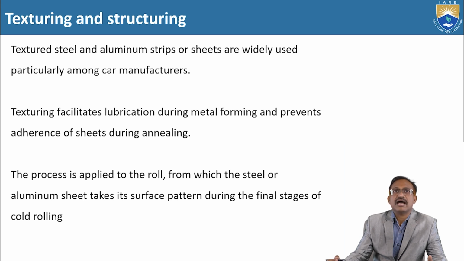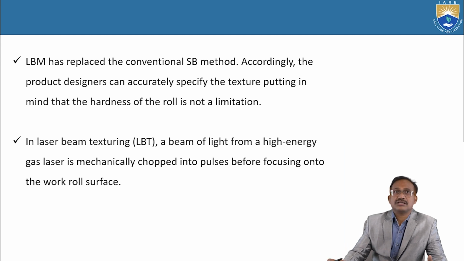That is nothing but adherence of sheets. The process is applied to the roll from which the steel or aluminum sheets take their surface pattern during the final stages of cold rolling. So this is about texturing and structuring.